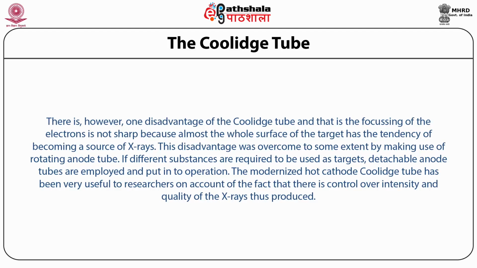If different substances are required to be used as targets, detachable anode tubes are employed. The modernized hot cathode Coolidge tube has been very useful to researchers on account of the fact that there is control over intensity and quality of the X-rays thus produced.